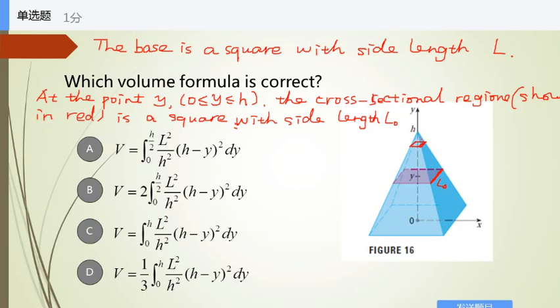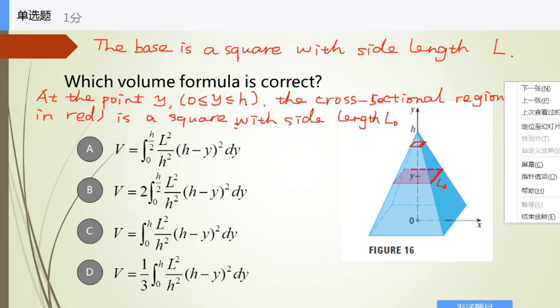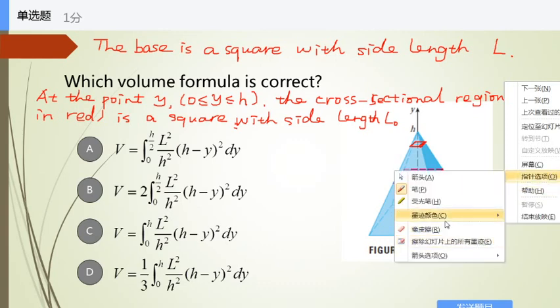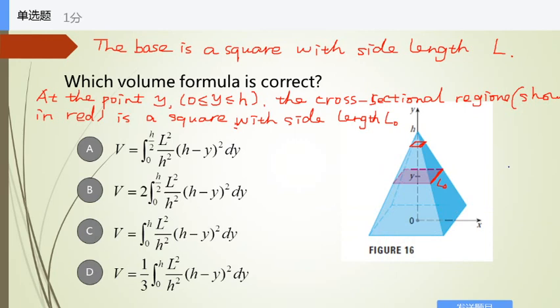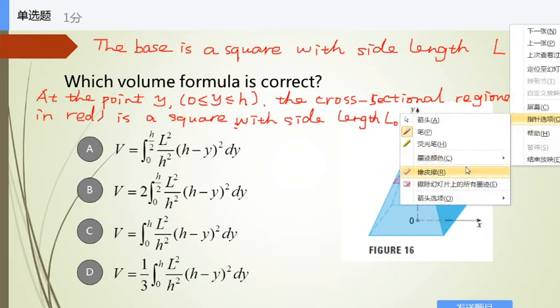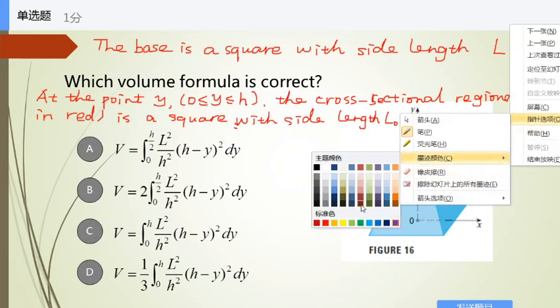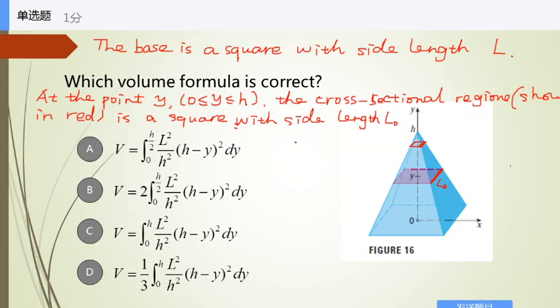Now I'm going to check this triangle. Let me use a different color. Okay, this is the triangle.